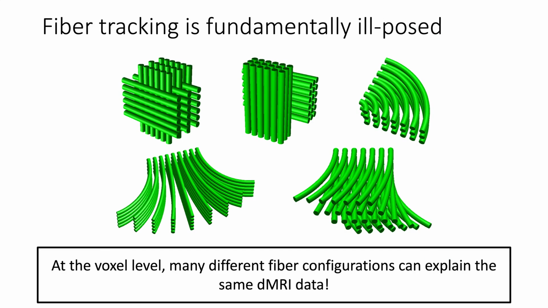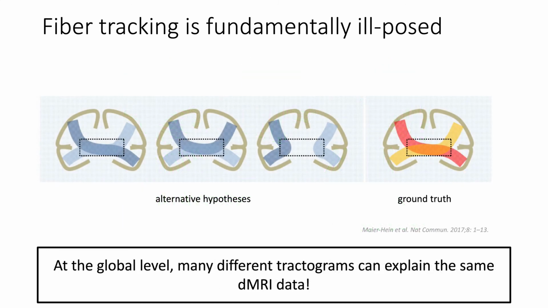And then the final and probably most fundamental pitfall is that fiber tracking is really an ill-posed problem. We've already seen earlier in this presentation that locally many different fiber configurations can lead to the exact same voxel-wise diffusion signal. This also means that globally many different tractograms can explain the diffusion signal equally well, especially if we are dealing with so-called bottlenecks, which are regions shared by multiple fiber bundles.